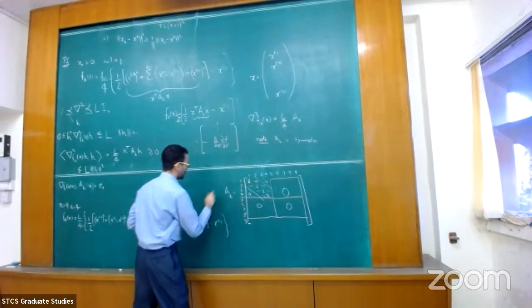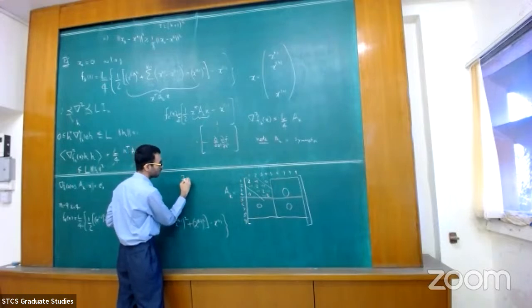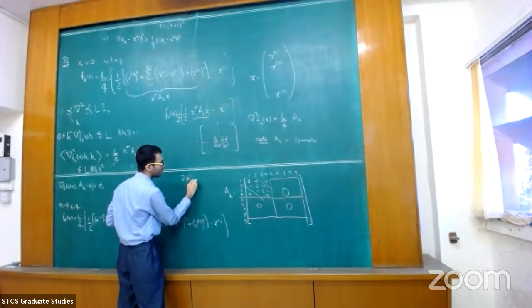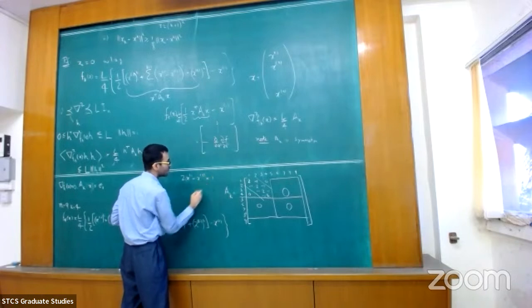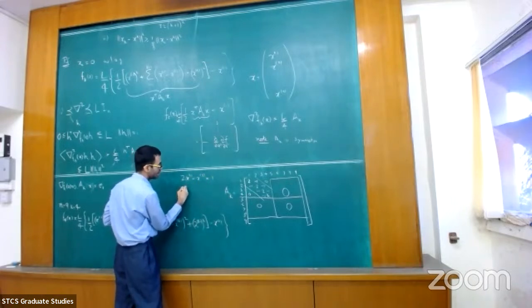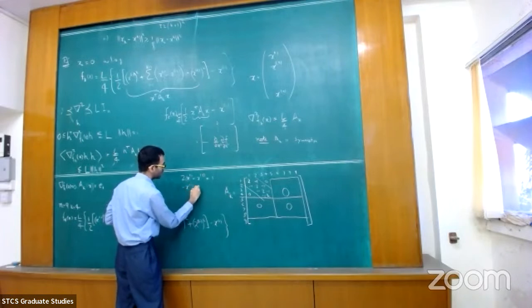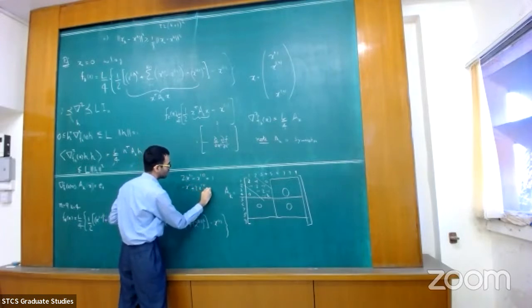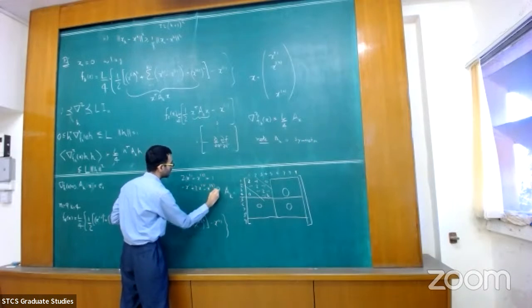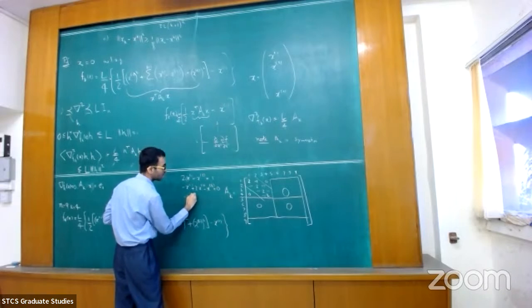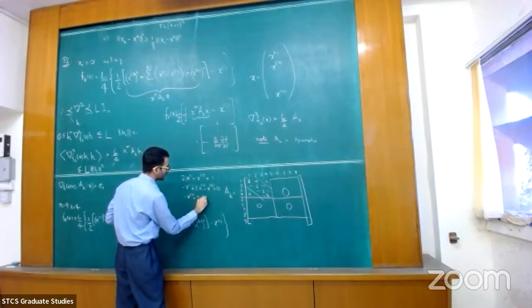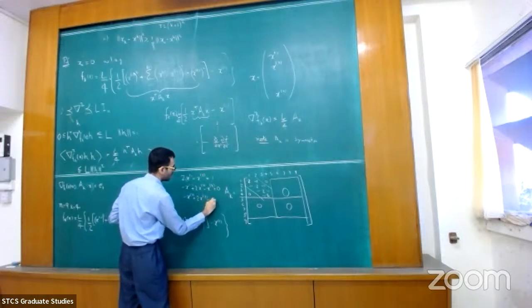Okay, so I have this equation. So I have 2x1 minus x2 plus 1. Then I have minus x1, x2, 3, 0, minus 2, 3, 4, 0.